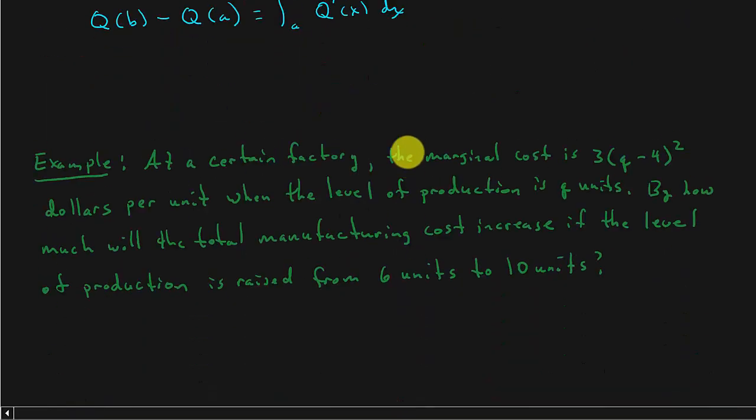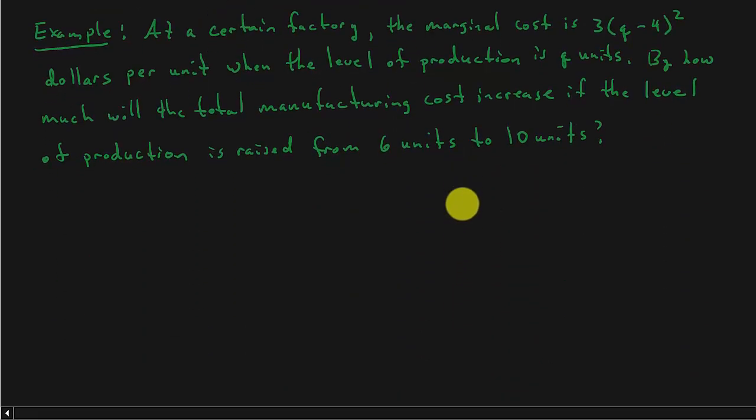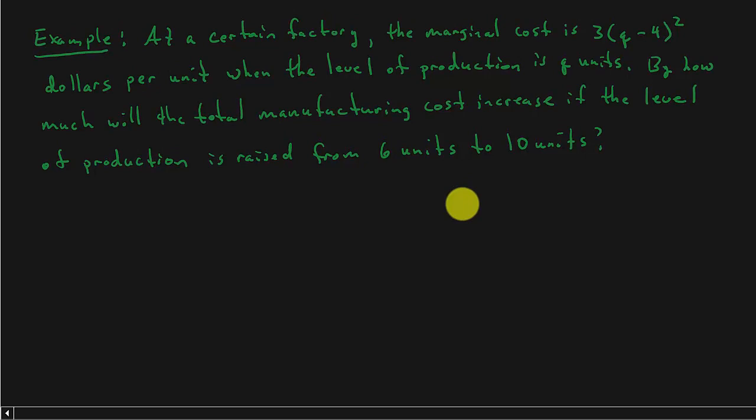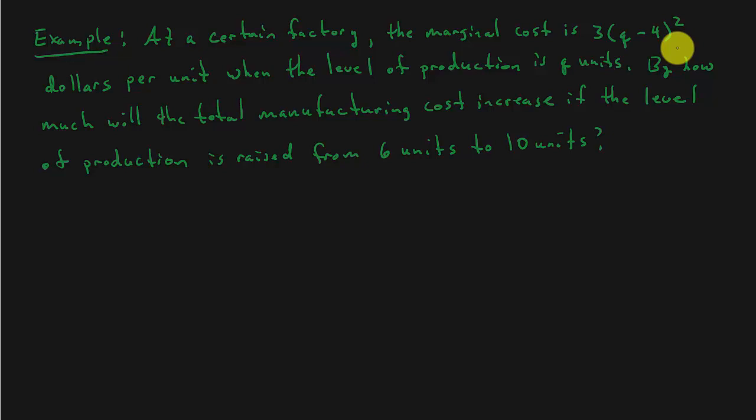It says at a certain factory, the marginal cost is this, dollars per unit, when the level of production is q units. By how much will the total manufacturing cost increase if the level of production is raised from 6 units to 10 units? For this one, we're talking about cost.